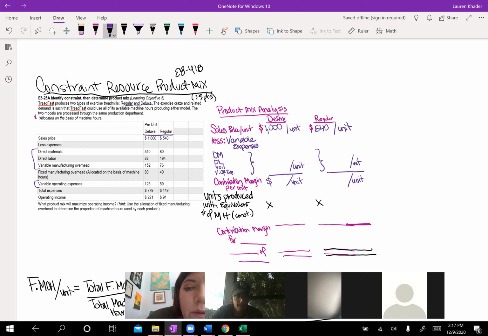Direct materials of 340 for the first model, and then 80 for the regular model. Direct labor is 82 versus 194. Variable manufacturing overhead of 152 versus 76. And then variable operating expenses of 125 and 59.